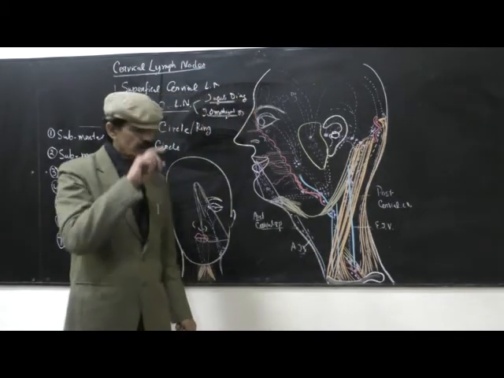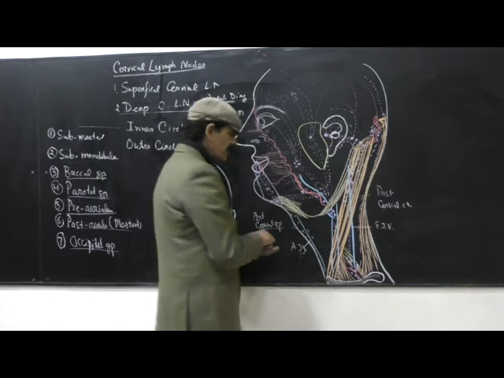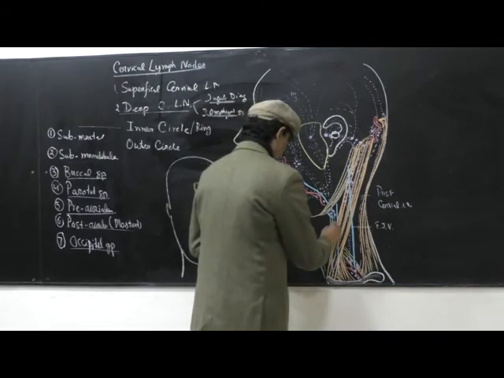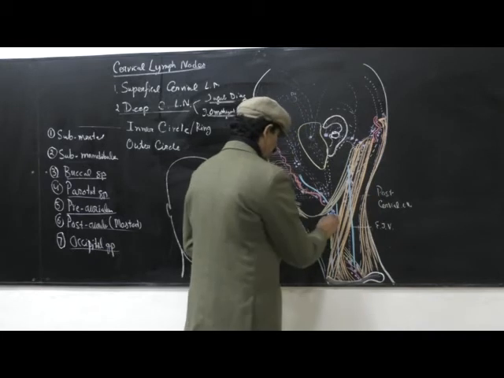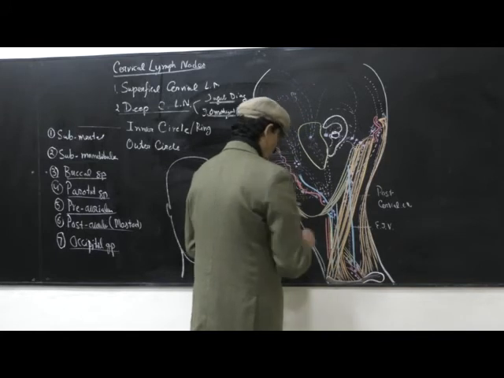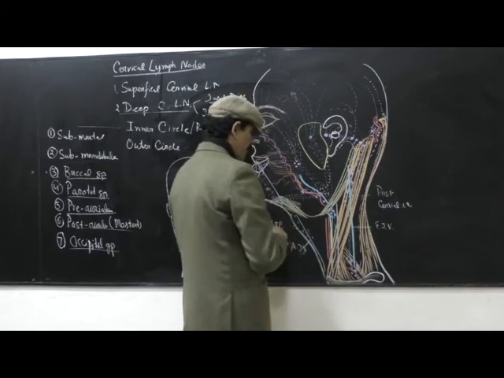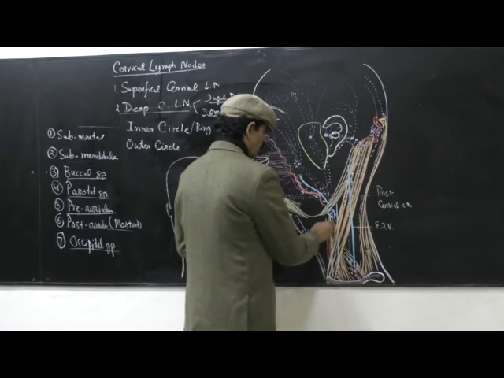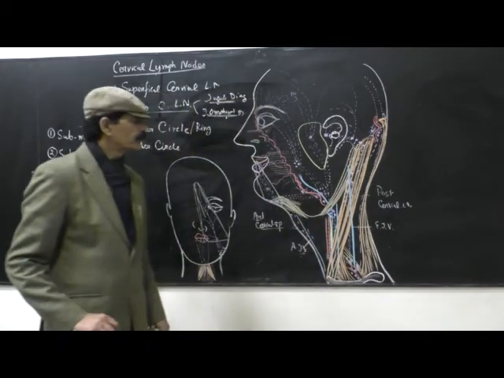The vagus nerve lies just medial to the internal jugular vein, and medial to this lies the common carotid artery. All these three structures are wrapped in a sheath, which is called the carotid sheath.